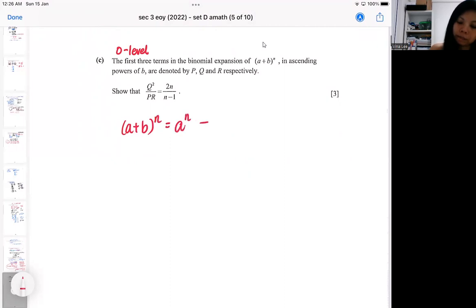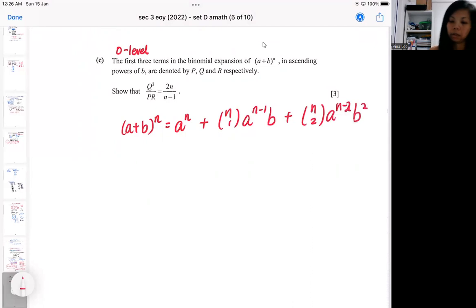First term, second term, and the third term. So these are the first 3 terms.